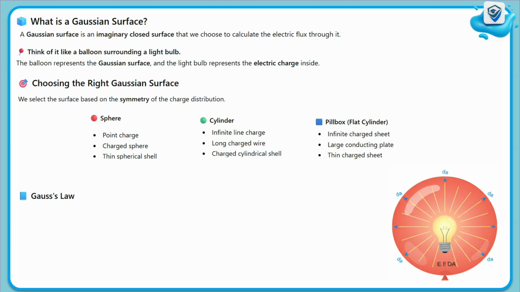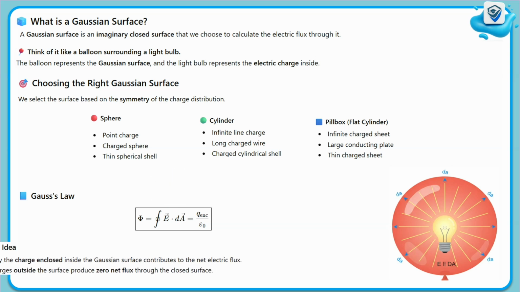Now let's write Gauss's law. The total electric flux through any closed surface equals the enclosed charge divided by epsilon zero. The most important idea to remember is this: only the charge inside the Gaussian surface contributes to the net electric flux.